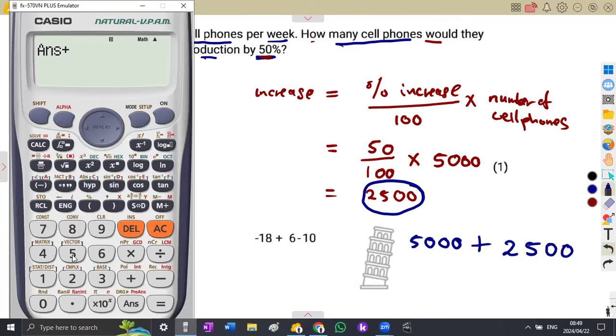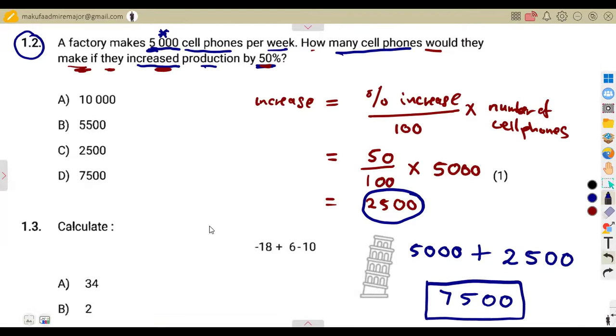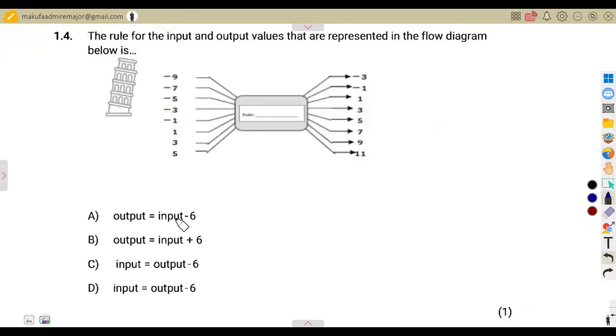We add 5,000 to what we got, which is 7,500. So now they are going to produce 7,500 cell phones a week, which is on D. So our best answer there was going to be a D.